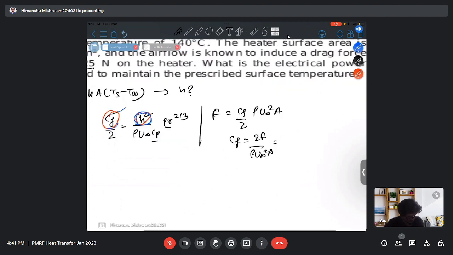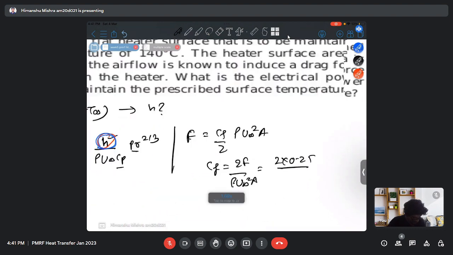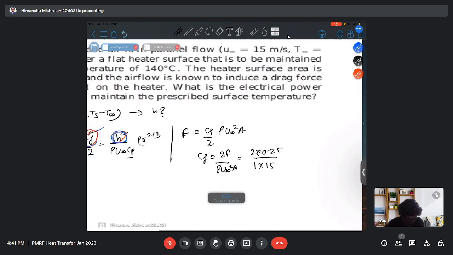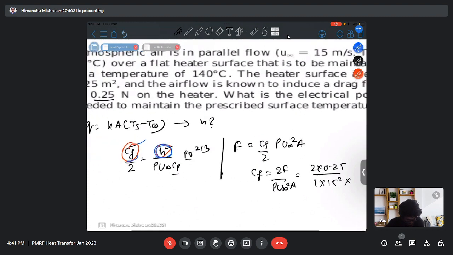Just by putting in the values, the density I'm considering the same, say 1, and U infinity is 15 squared, and the area is 0.25.